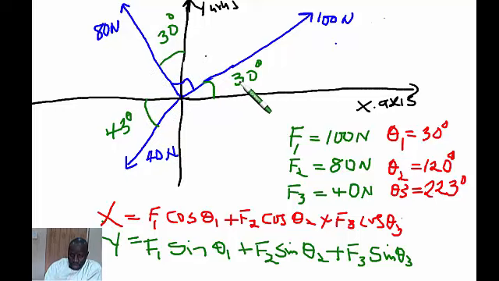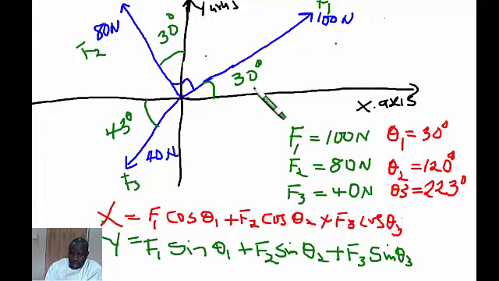If we select 30 here, this is our F1 of 100 Newton, this is our F2, 80 Newton, and this is our F3, 40 Newton.